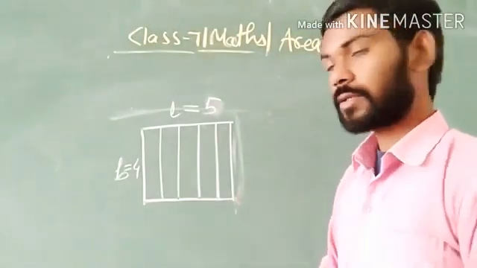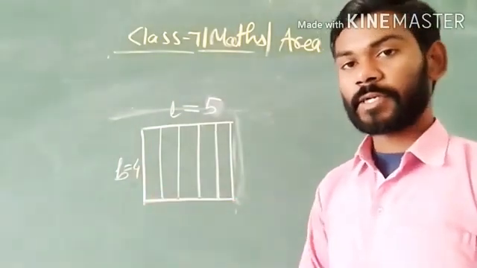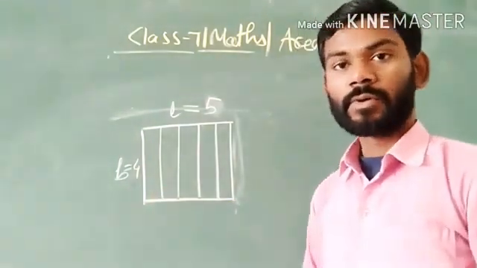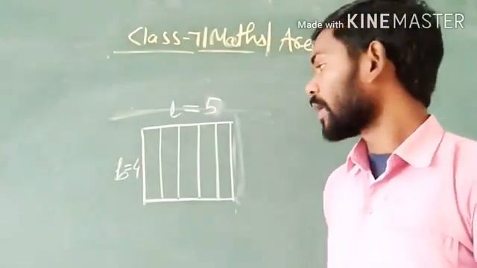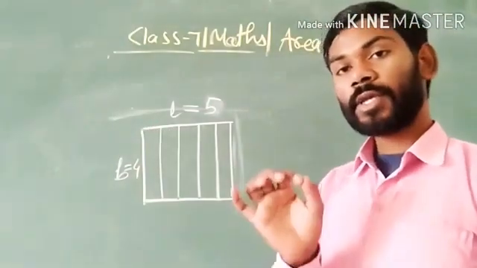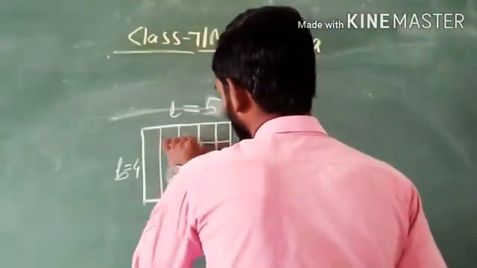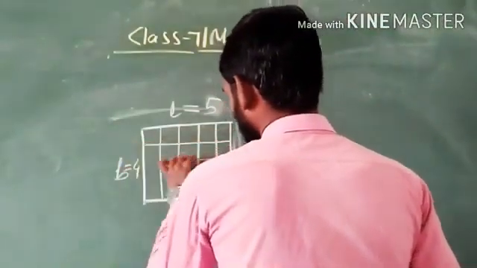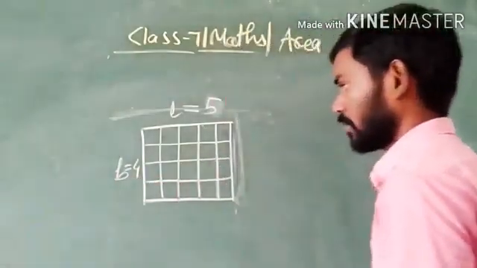And now the next, since its width is 4 centimeter, therefore we shall divide its width, that is this length, into 4 equal parts. 1, 2, 3 and 4.